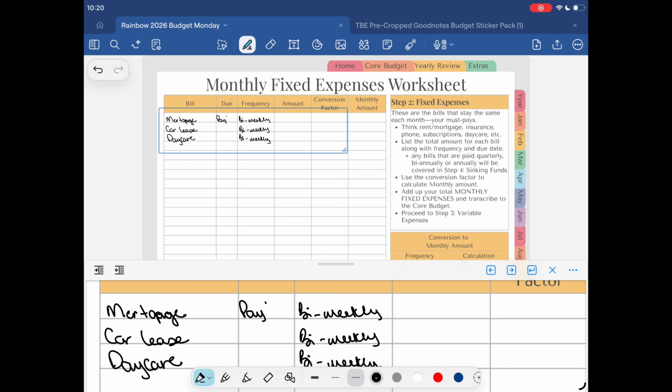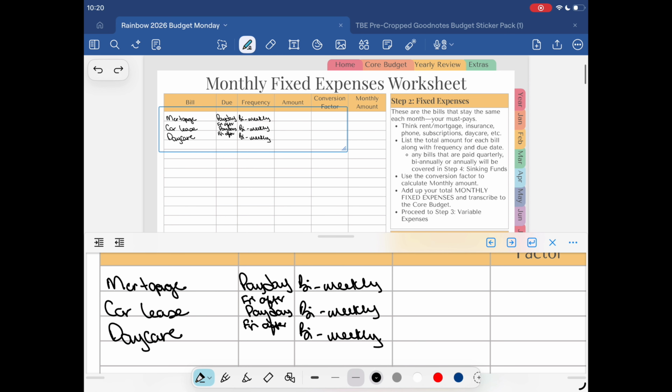This comes out on payday. And this comes out on the Friday after payday. And same as the daycare.